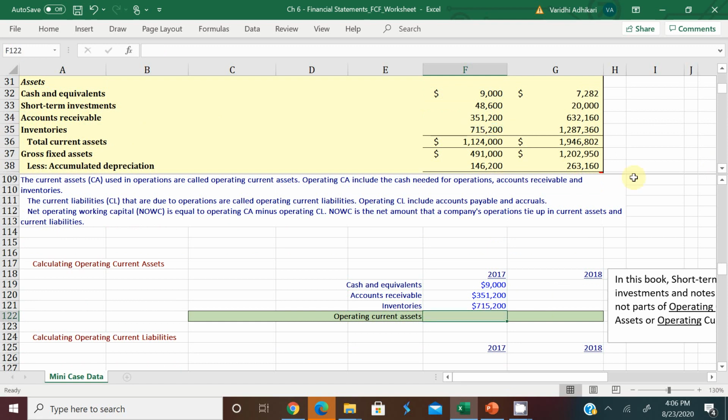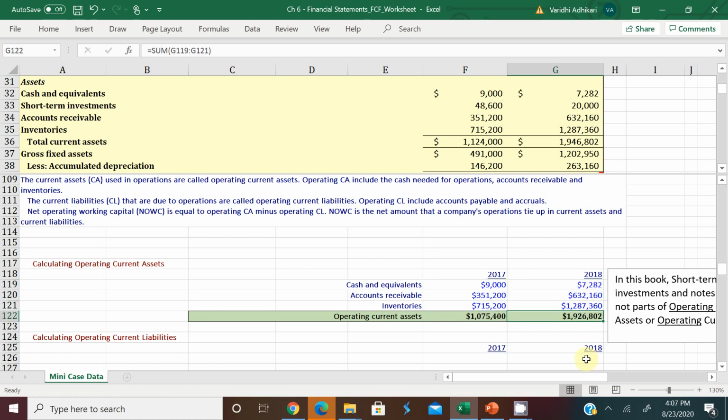All right, now the sum of the operating current assets, I'm going to use sum, but make sure I don't add this part, is 1,075,400. I'm just going to drag it across for 2018.